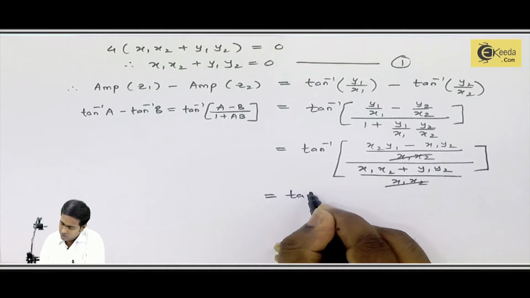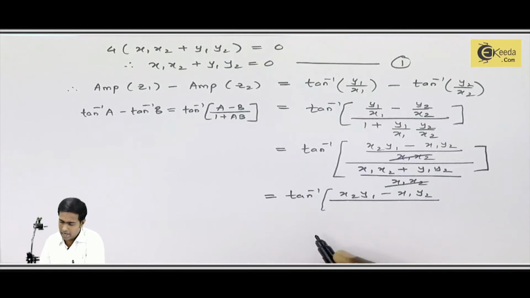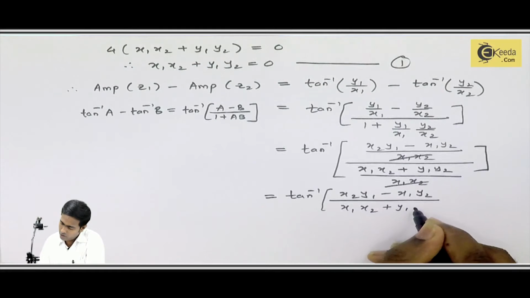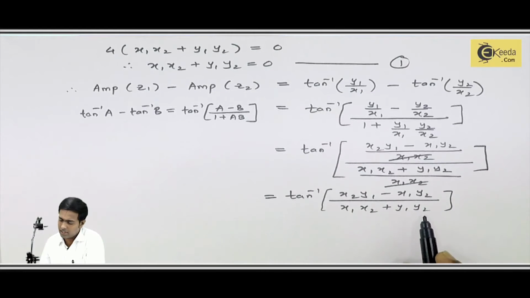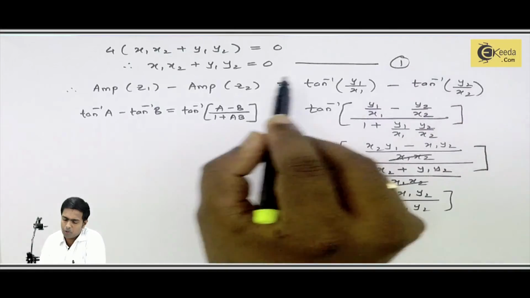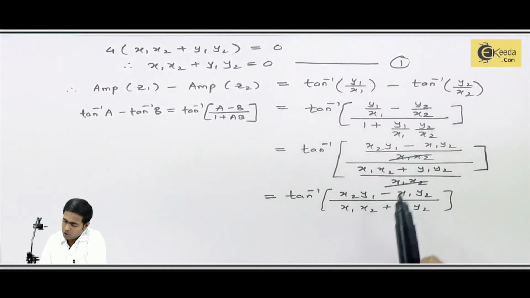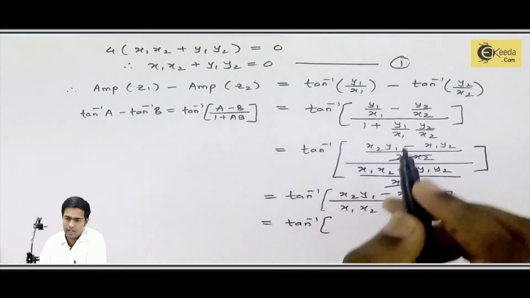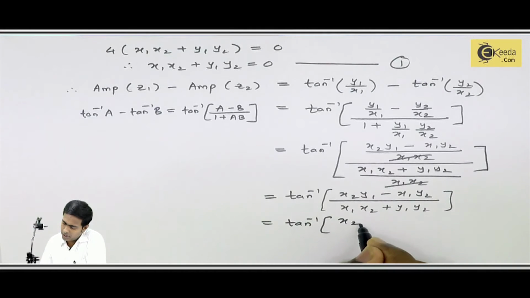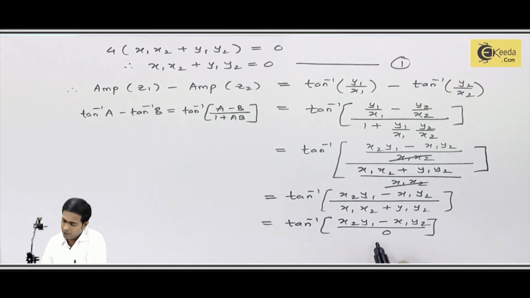Now we get tan inverse of x2 y1 minus x1 y2 in the numerator and x1 x2 plus y1 y2 in the denominator. और यहाँ पे जो हमें डिनोमिनेटर में टर्म मिला है, you can see that in the result 1 हमने उसको प्रूव किया है that it is equal to 0. मतलब अगर ये वैल्यू from 1 अगर मैं बोलूँ तो डिनोमिनेटर 0 हो जाता है. तो I can substitute that equation 1 in this result and I will get denominator as 0. और जब भी डिनोमिनेटर 0 होता है तो आंसर आता है इन्फिनिटी.